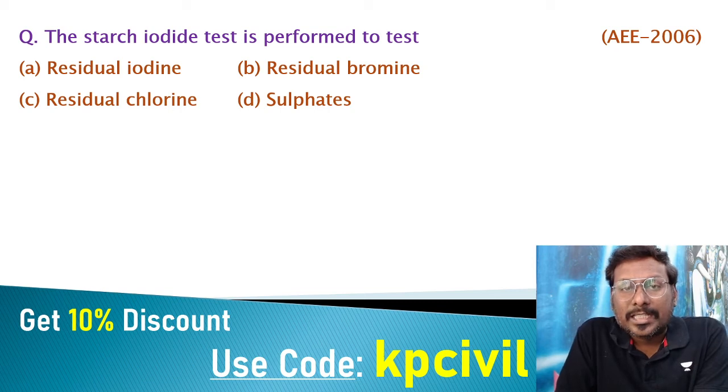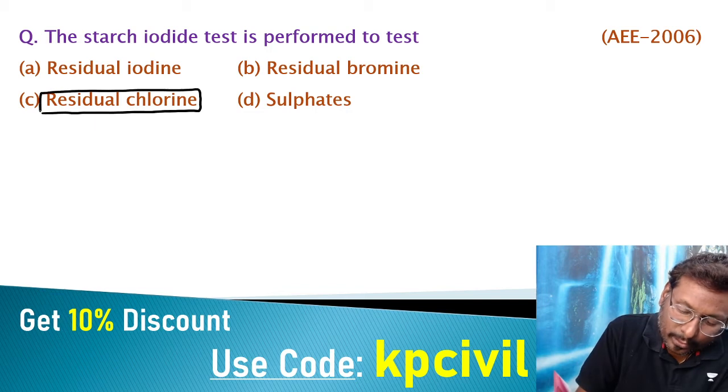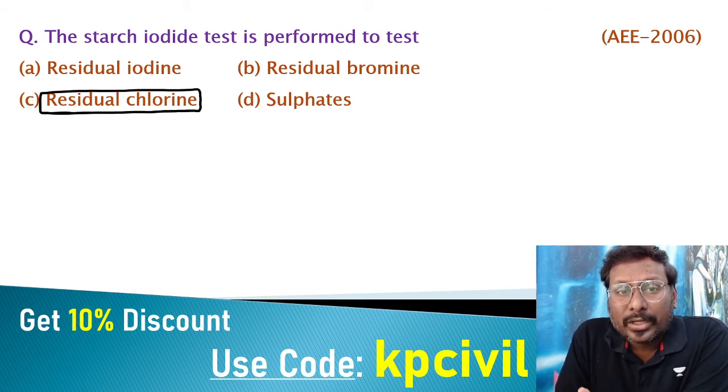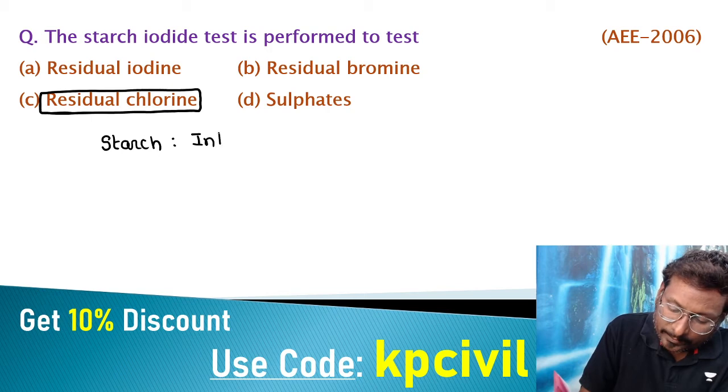Starch iodide test is performed to test residual chlorine in water. When you are going to do chlorination, you perform the starch iodide test, where starch acts as indicator and sodium thiosulfate acts as titrant.